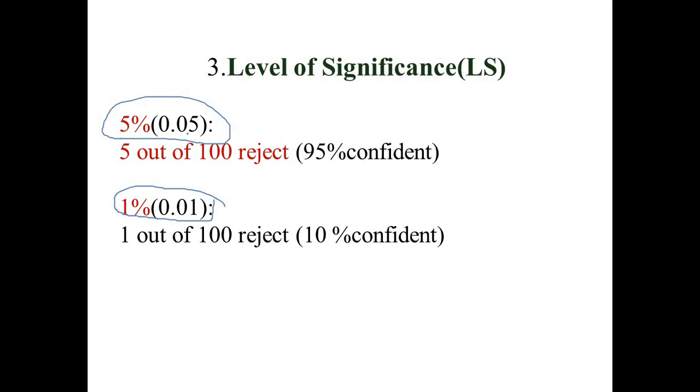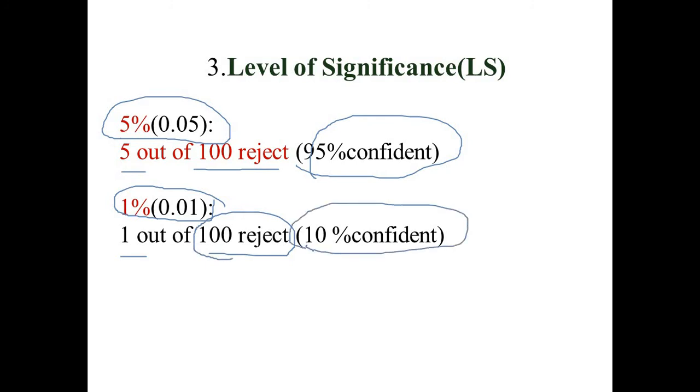In the 5% level of significance, 5 out of 100 we are going to reject, meaning we are accepting a 95% confidence level, whereas in 1%, 1 out of 100 we are going to reject. So here the confidence level is 99%. These levels of significance are useful for calculating the tabulated values.